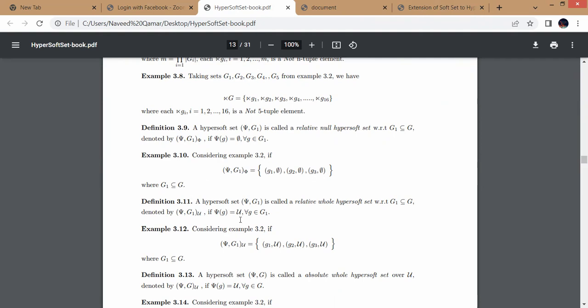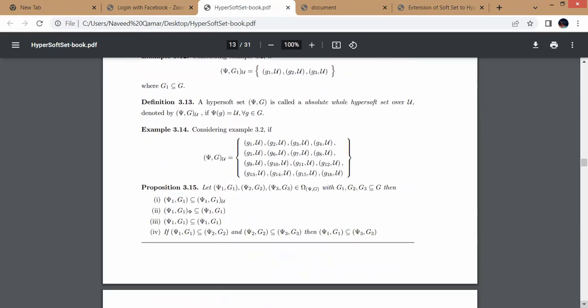So further, the definition of relative whole hypersoft set. If there is answer complete universal set, then this is called relative whole hypersoft set. There is another definition, absolute whole hypersoft set. If all of the attributes are included in all of the mobiles, then this is called absolute whole hypersoft set.